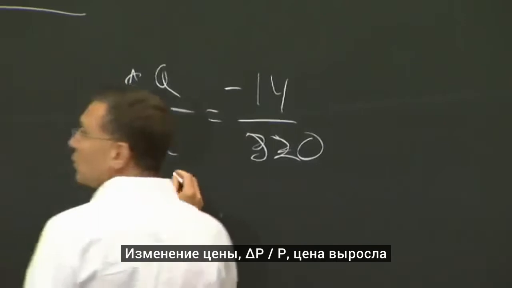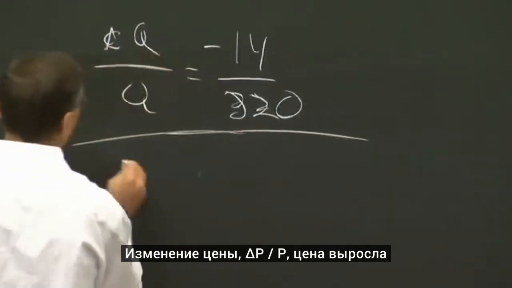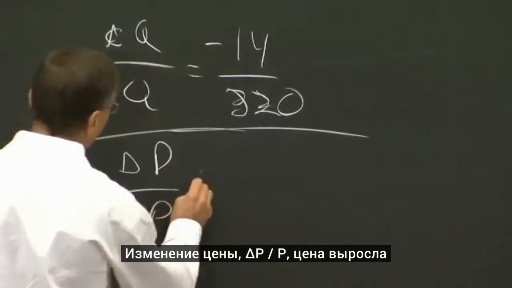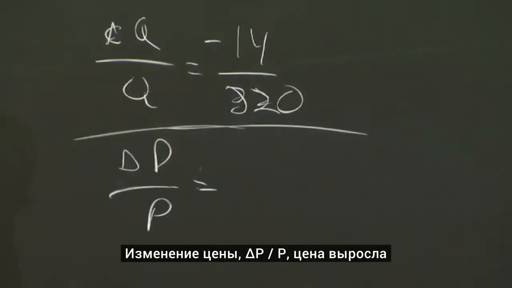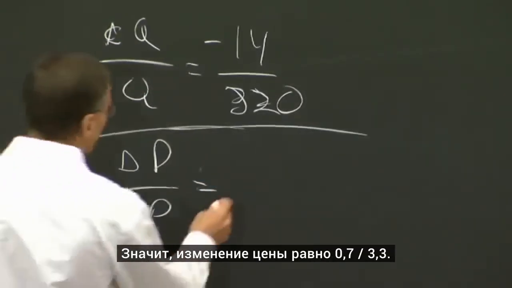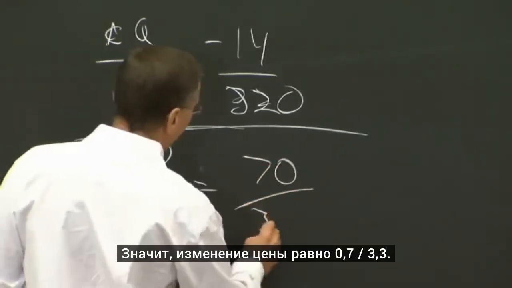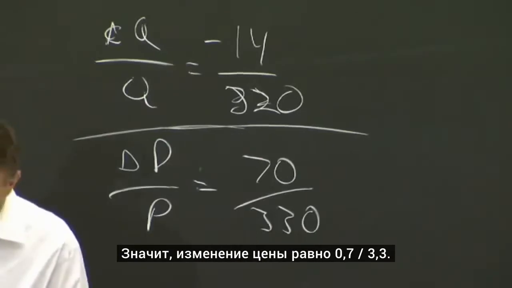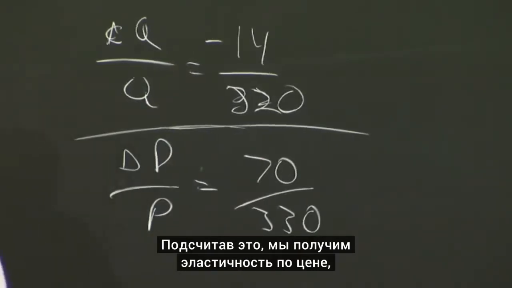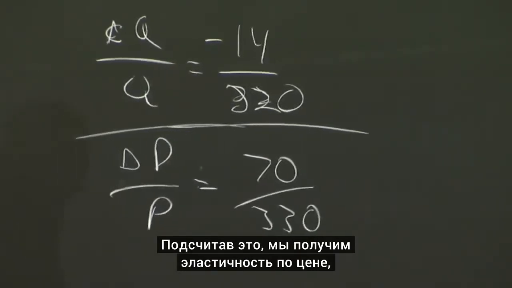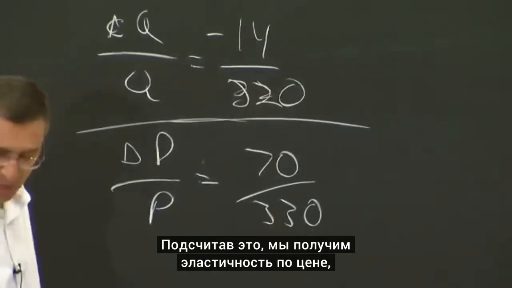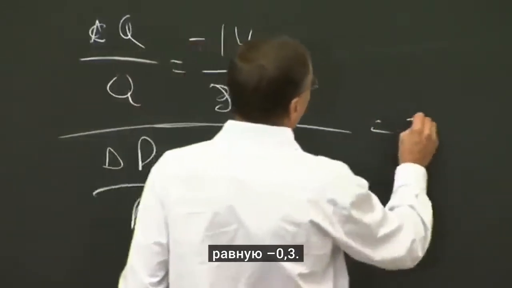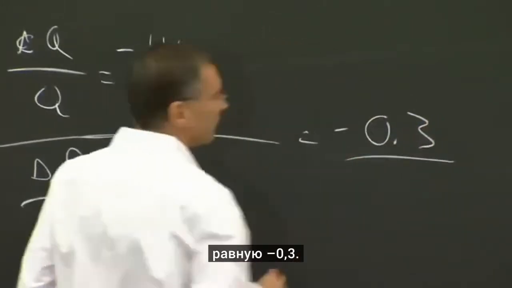The price change, delta P over P, is that the price rose from $3.30 to $4. The price change is 70 cents over 330 cents. Okay? And using those, you end up with a price elasticity of minus 0.3.